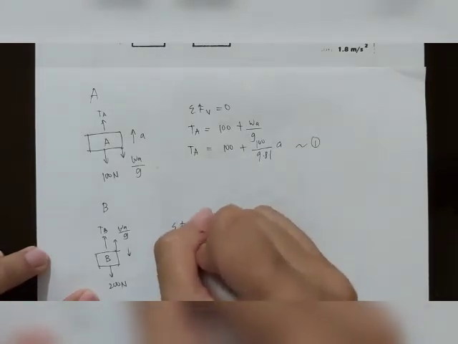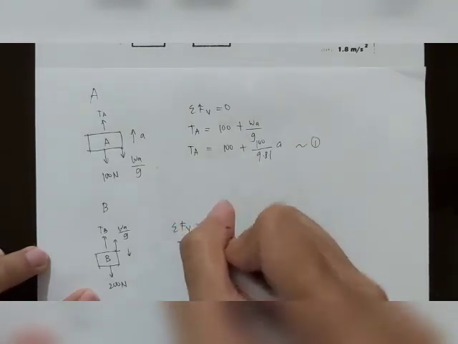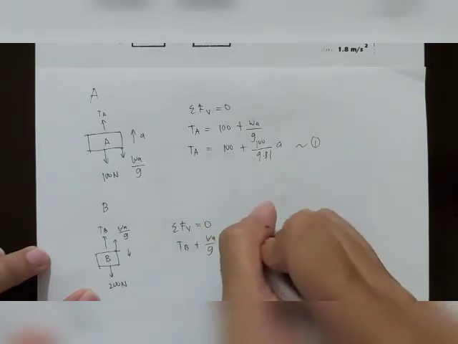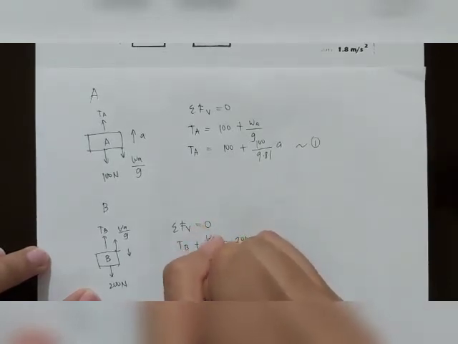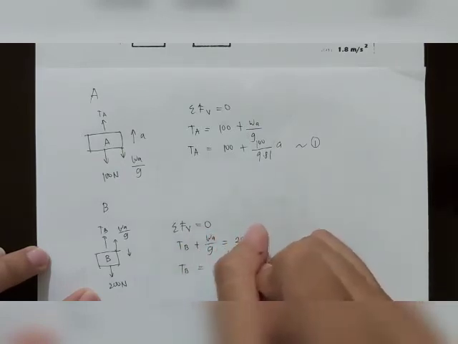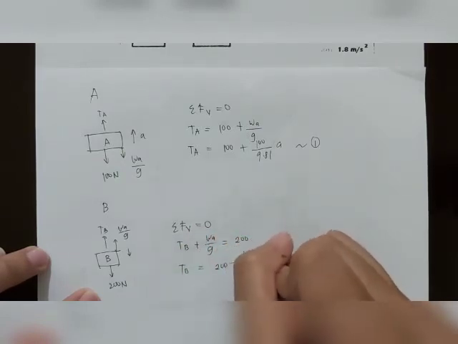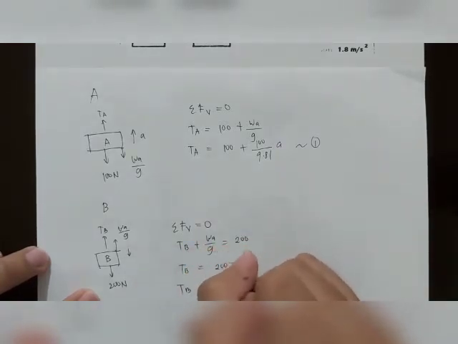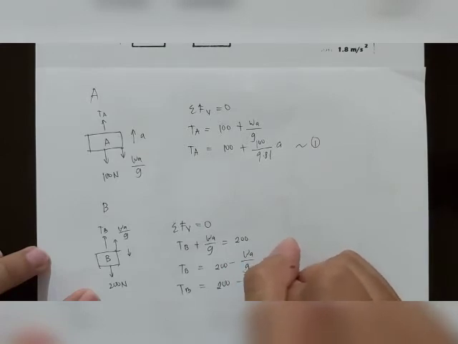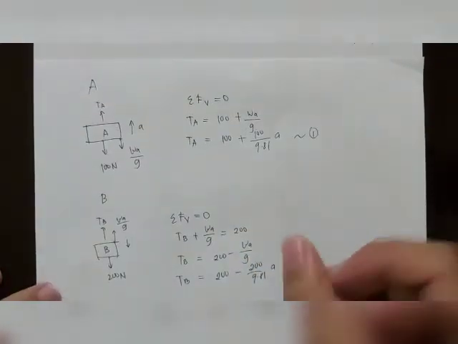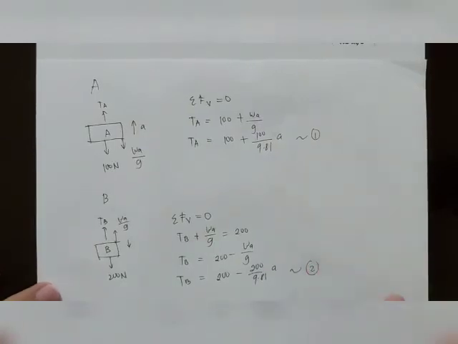So tension B plus mass, which is WA over G, is equal to 200. Therefore, tension B is equal to 200 minus WA over G. Substituting the values, we have TB is equal to 200 minus 200 all over 9.81 times the acceleration. So this is equation 2.